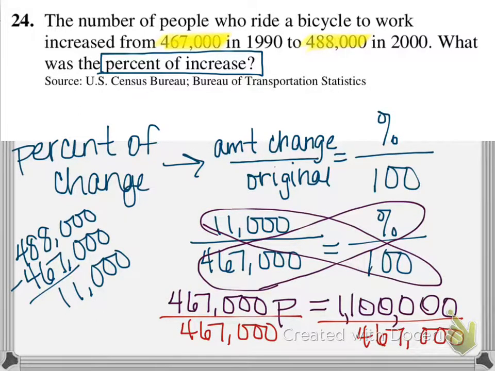I just realized I had an error in my computation. It should have been not 11,000, it should have been 21,000. So that's going to affect my computation. So it's really 2,100,000 divided by 467,000.